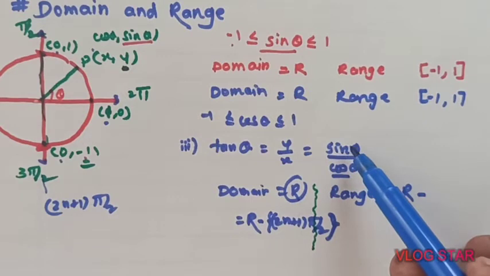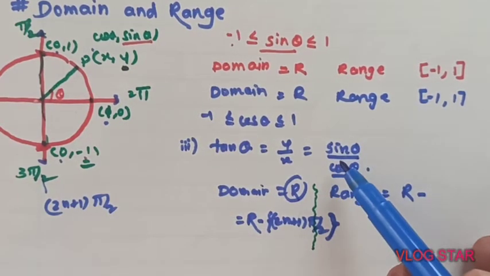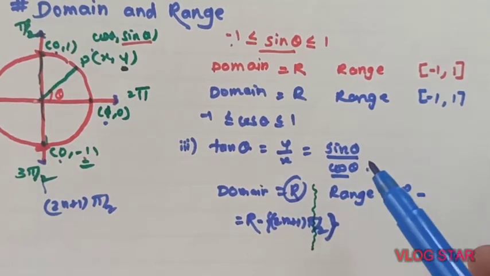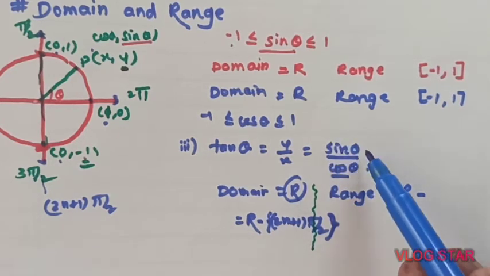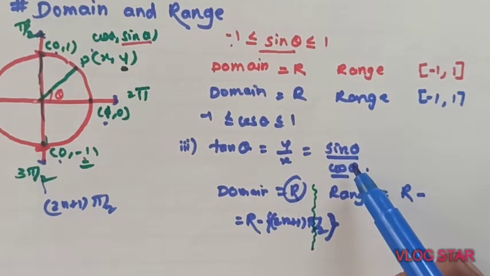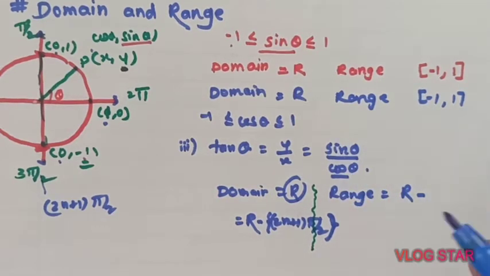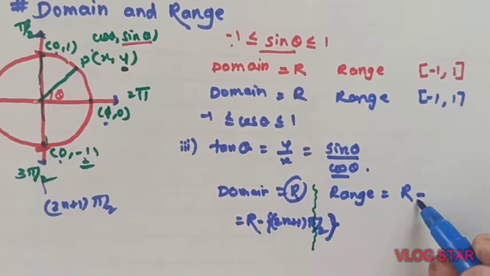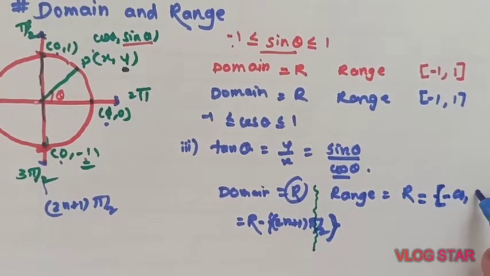As sine tends to 0, the whole value becomes 0. Whenever the denominator is smaller, the value is bigger, and whenever the denominator is bigger, the value is smaller. So the range is the entire R, that is, negative infinity to infinity.